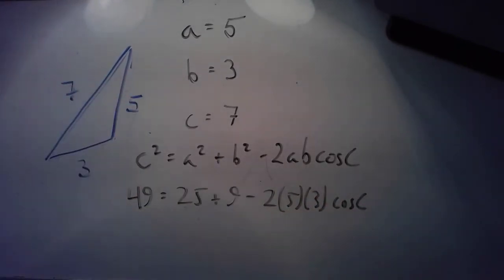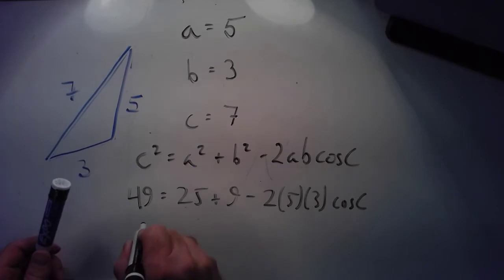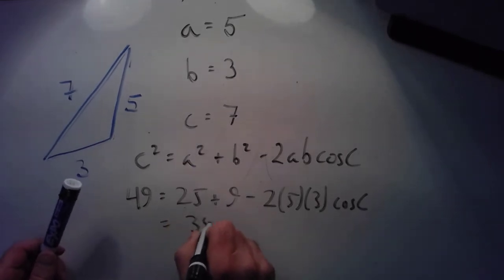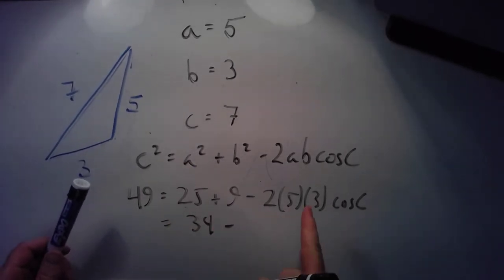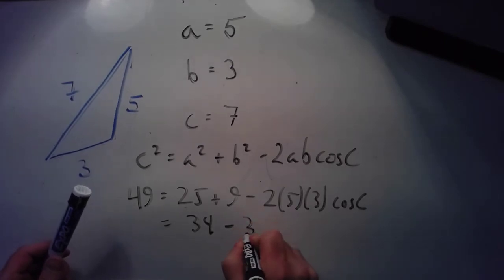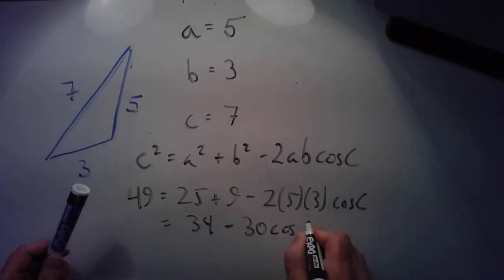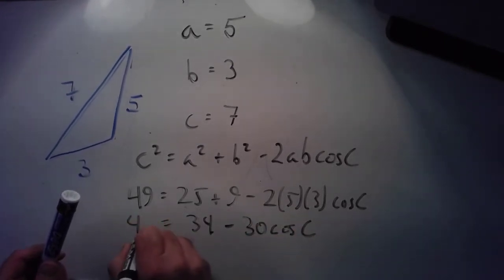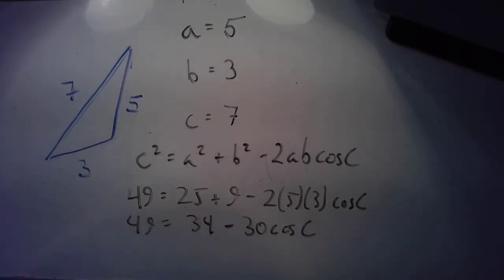So that needs some simplification. 25 plus 9 is 34. Two times 5 times 3 is 30. So let's get that by itself. We're going to want to subtract 34. 49 minus 34 is 15.